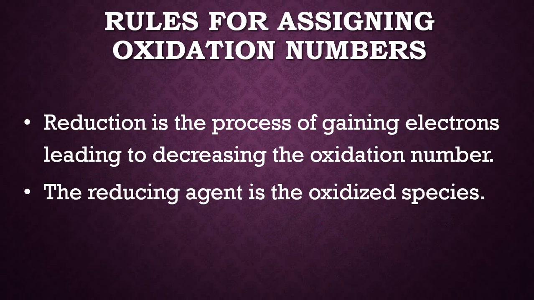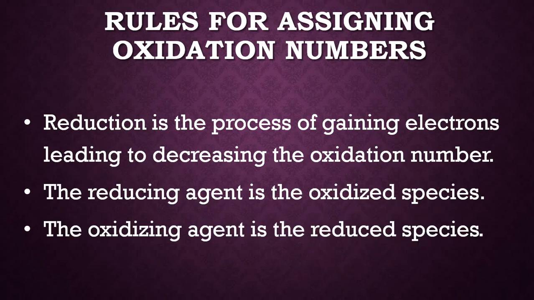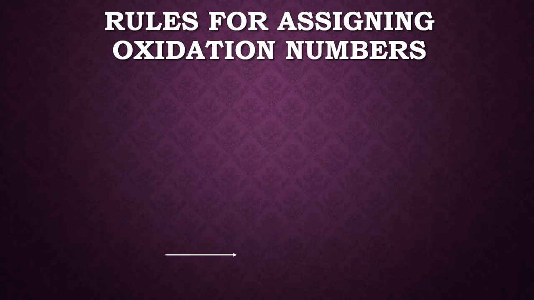And the reducing agent is the oxidized species, so the species which undergoes the oxidation process is said to be the reducing agent, while the species which undergoes the reduction process is said to be the oxidizing agent.